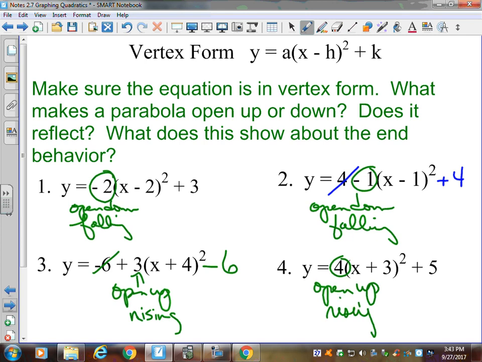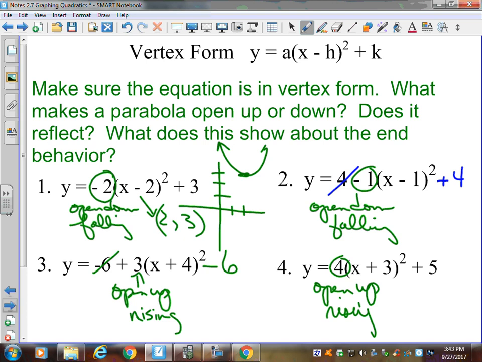Now, once you figure out if it's rising or falling, then let's talk about that vertex. So when you graphed this problem, your graph showed this. And what that basically is telling you is that this graph has a vertex at positive 3. So how did it get to positive 3 out of this problem?